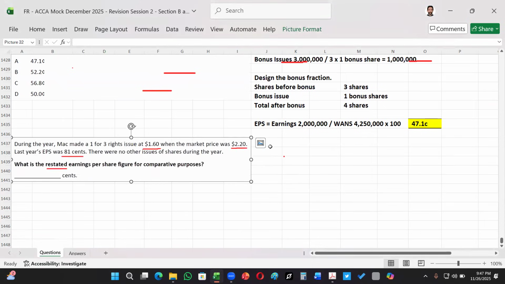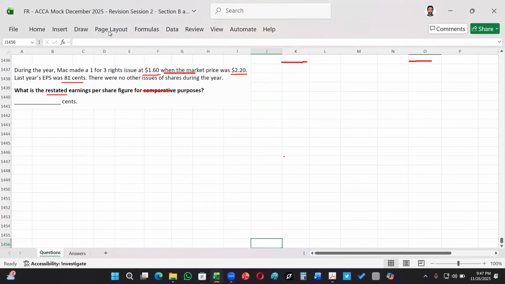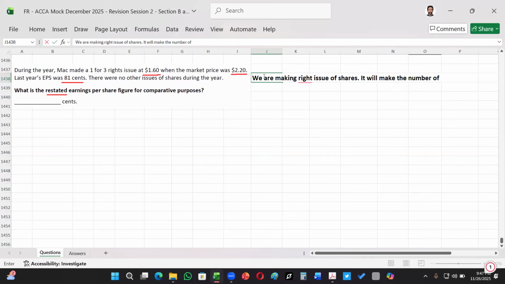In this case, let's only see this question that we're looking at. We are making a rights issue of shares. It will make the number of shares increase. This will reduce the EPS for the current year. Agreed at this point?